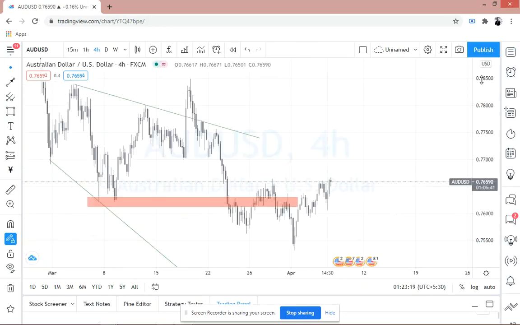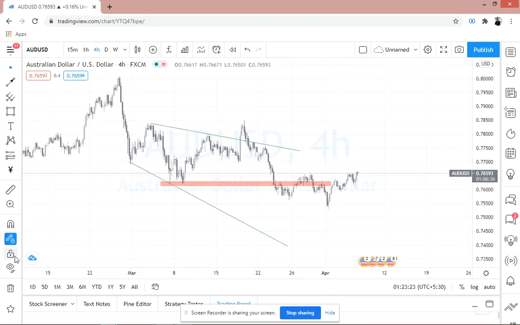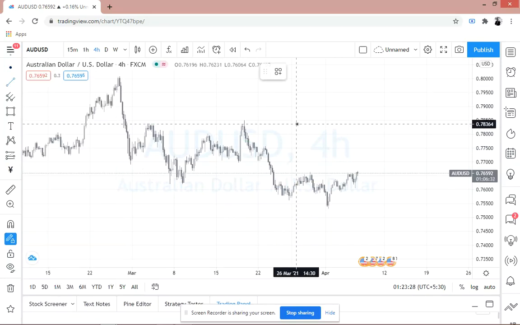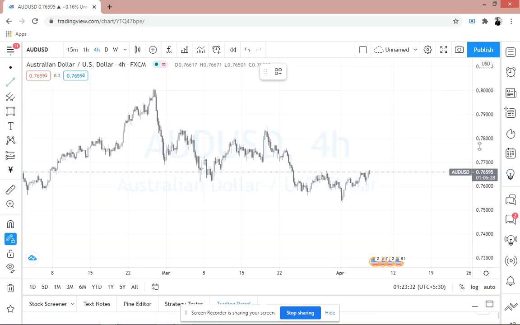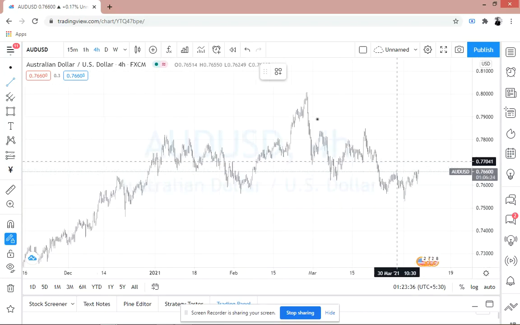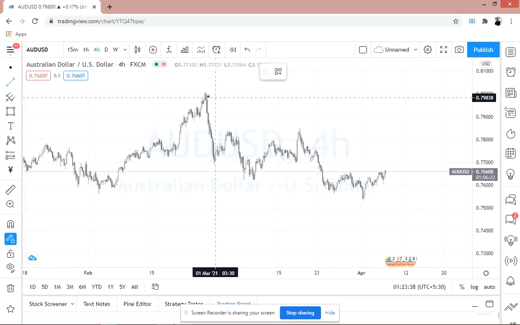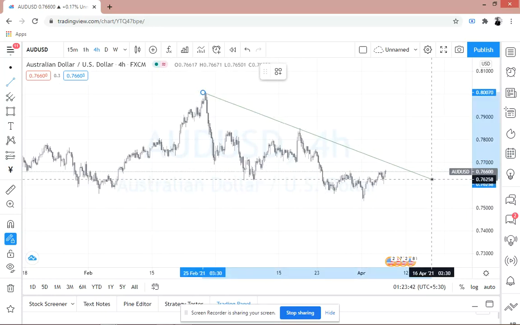AUDUSD. So let's see what we get. Major trend up, minor trend down. The trend is down.